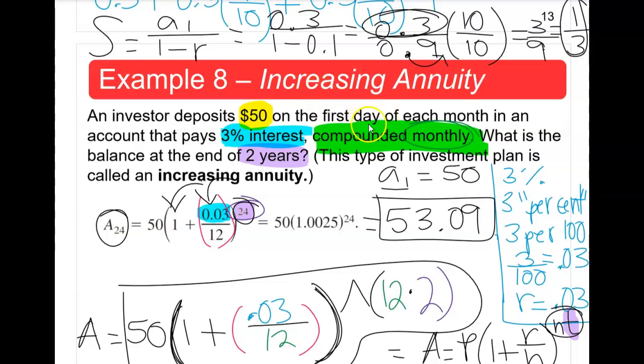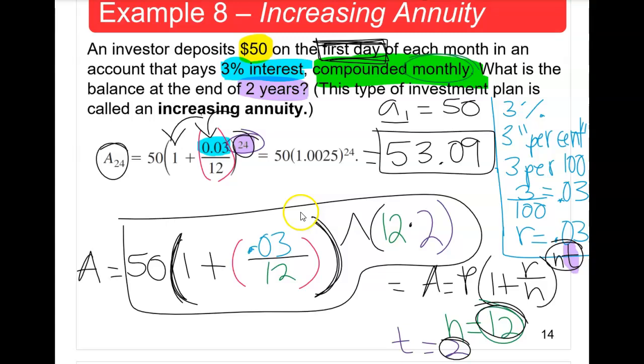So if you notice here, we have this keyword, and I forgot to explain it. It says on the first day of every month. So then the balance at the end of 2 years, it will be the 24 payments.